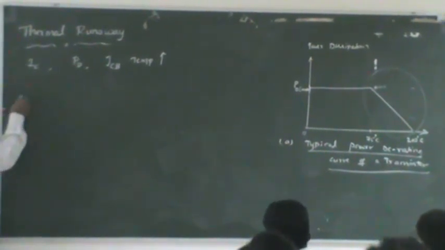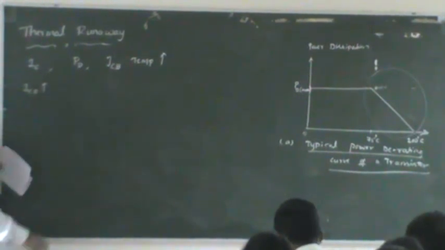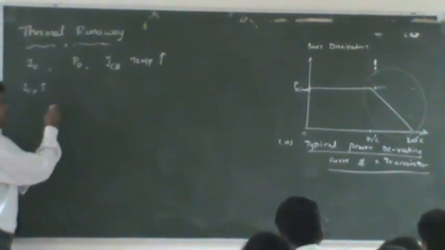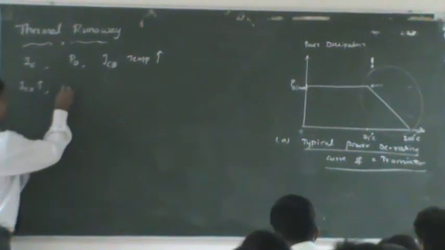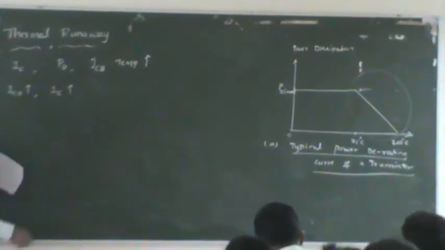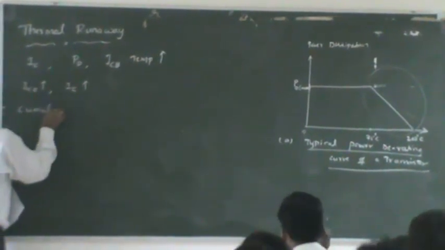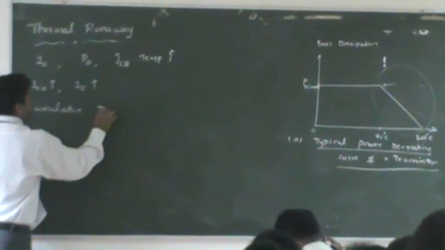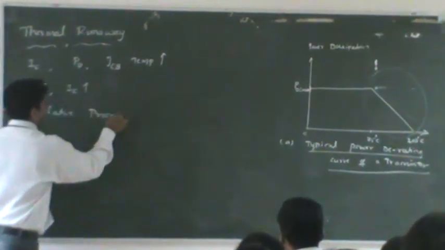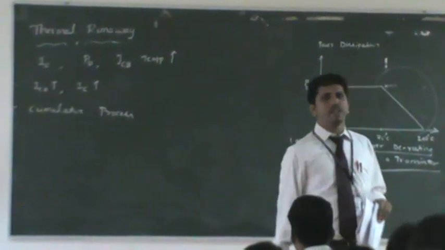Obviously the leakage current keeps on increasing. ICO increases. Again, see the cumulative effect here. If ICO increases, IC also increases. This whole process becomes a cumulative process. Cumulative means an additive process. Just keep on adding.